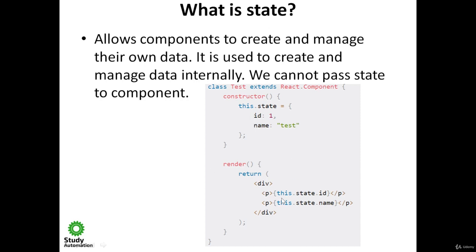If you want to use them outside of the class, you can pass this state to the child component, and in the child component you have to use props. Using props you will access this data.